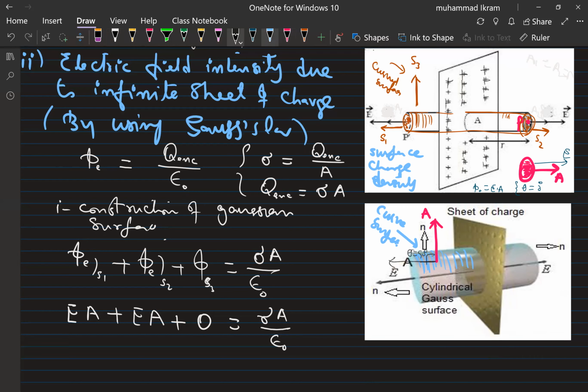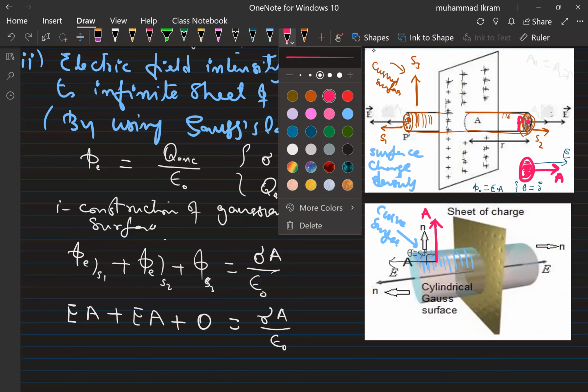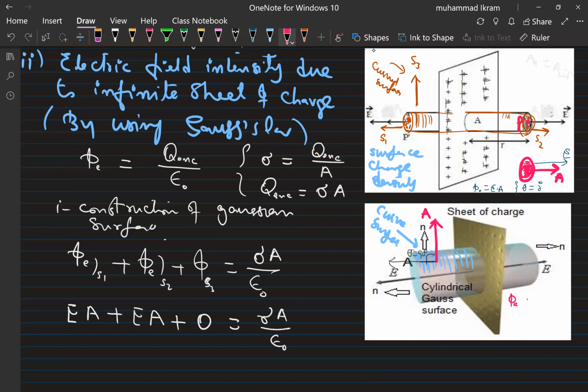And you know already that the electric flux is EA cos theta. So EA into cos 90 degree, which is 0. So the flux through the curved surface of the cylinder is 0.